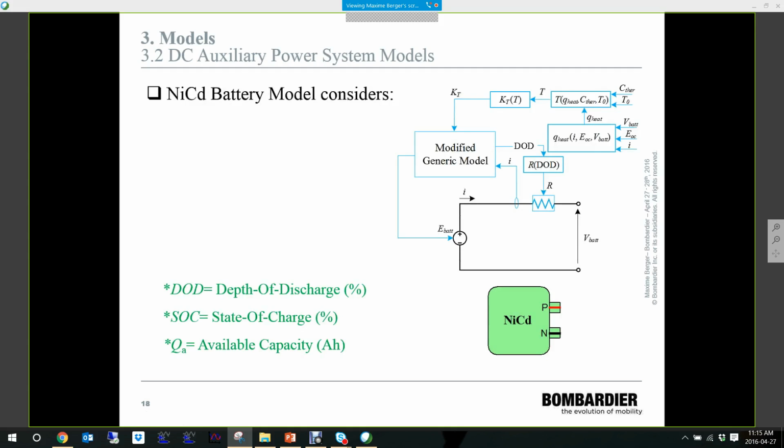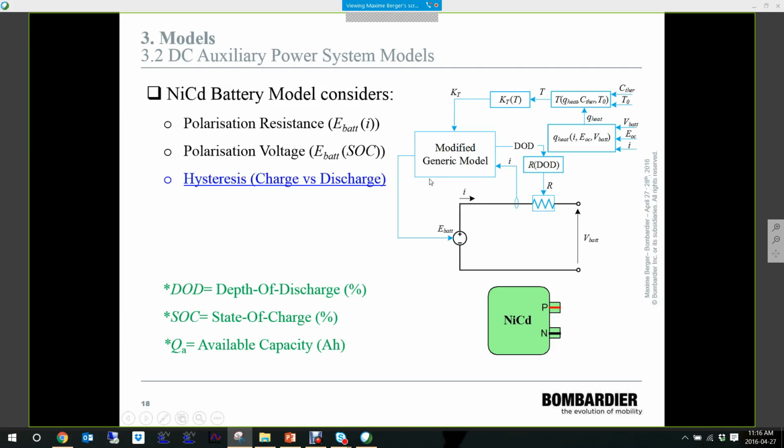Regarding the NiCad battery model, there is a lot of detail in it. First of all, there are a lot of characteristics that this model considers. First, we have the polarization resistance, which is the variation of the internal battery voltage as a function of the battery current. It also takes into account the polarization voltage, which is the variation of the internal battery voltage as a function of the battery state of charge, SOC. It also takes into account the hysteresis effect between the charge and the discharge of the battery.